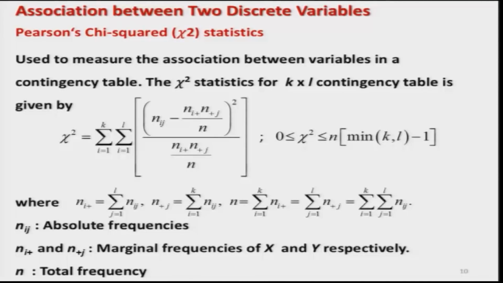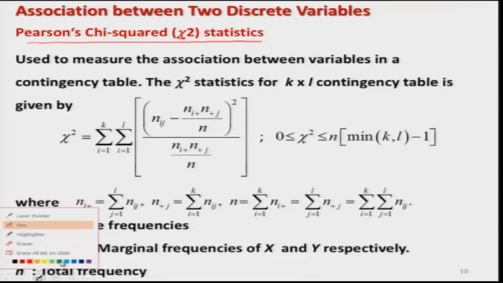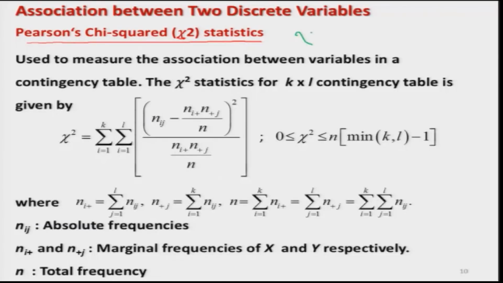So this chi-square statistics is called Pearson's chi-squared statistics. This symbol chi is a Greek letter, which is written like this. And this chi-squared statistics is used to measure the association between the variables in a contingency table. Suppose there are two variables.